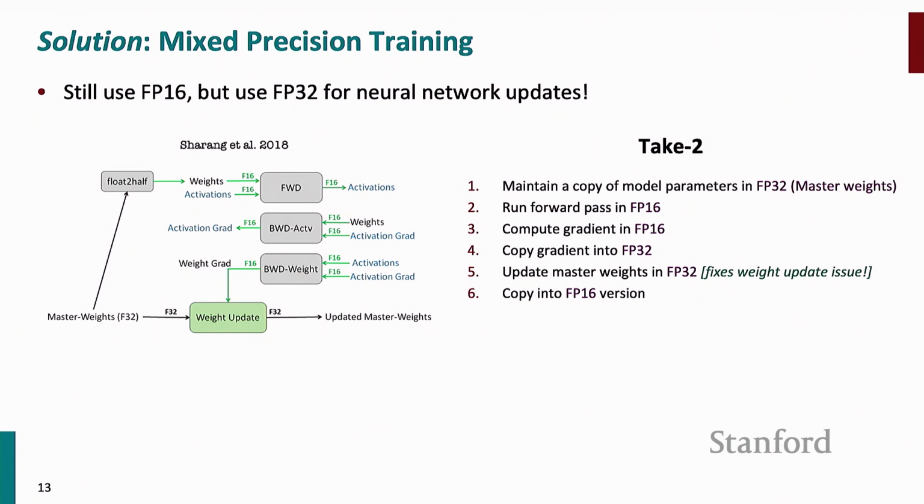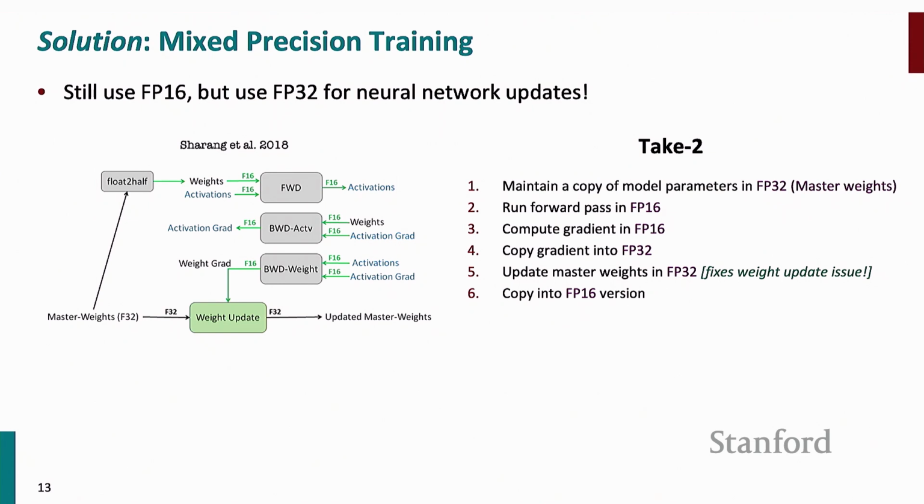So here's one possible solution, right? We're going to use FP16, but we're also going to use FP32, okay? So that's the high-level idea. What we're going to do is maintain a copy of the model in FP32, and let's call those master weights. Then you get a little bit of data, you run a forward pass, converting from FP32 into FP16, okay?